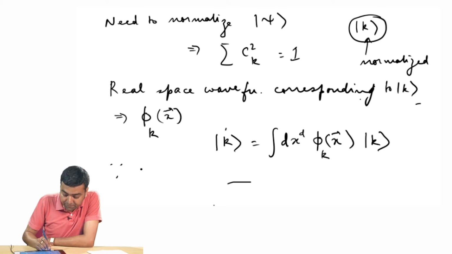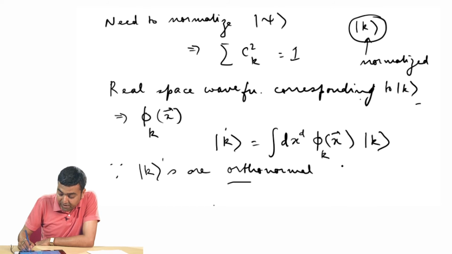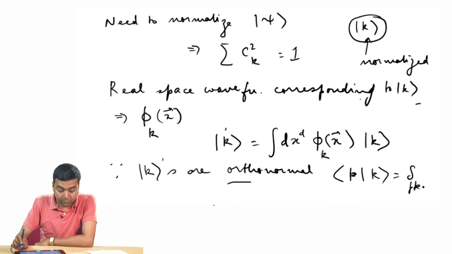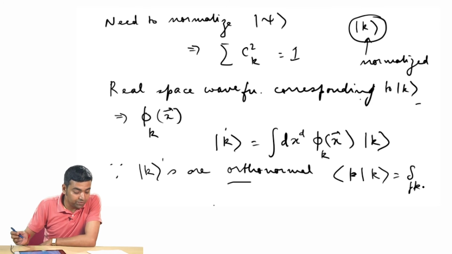And since the |k> are orthonormal, if I have another wave function |p> in the same basis, the overlap of p and k will be a delta function. Using this, we can also show as in the previous case.